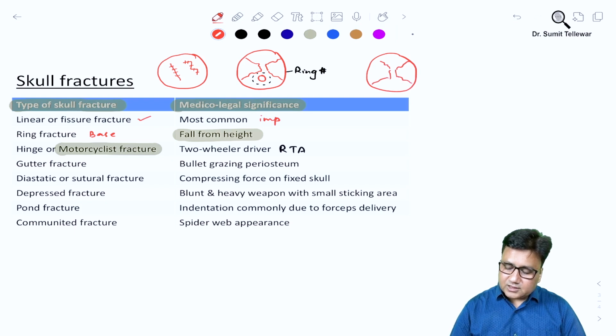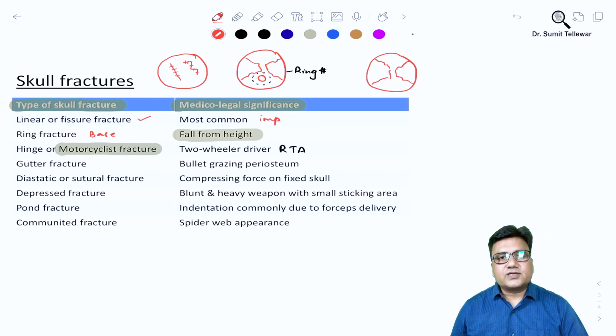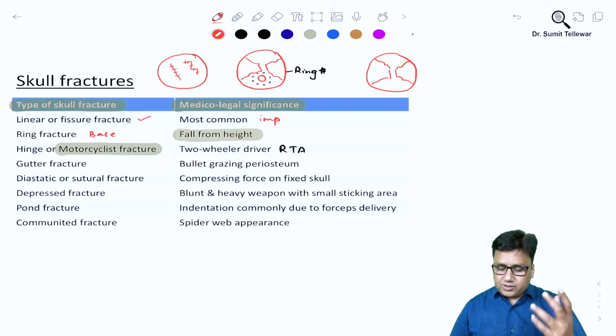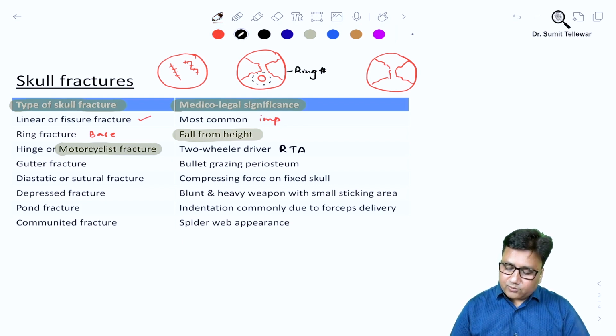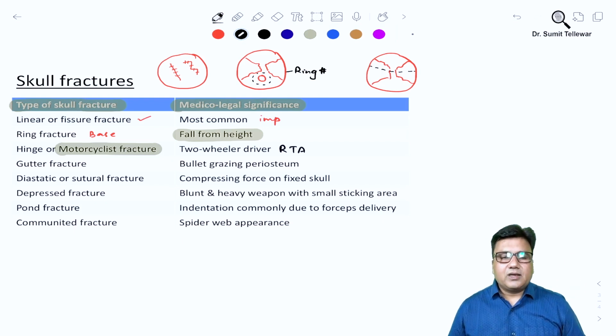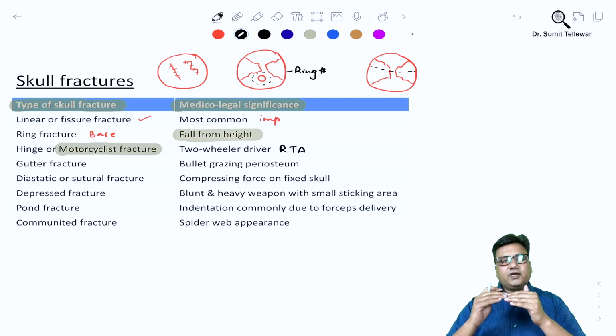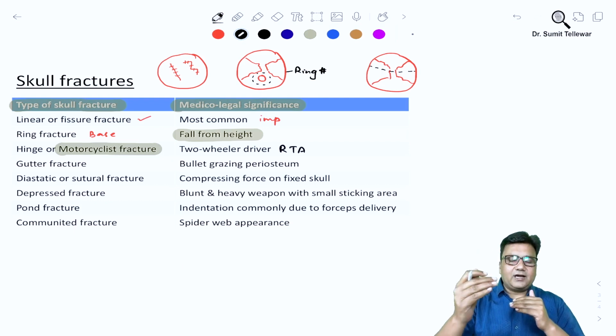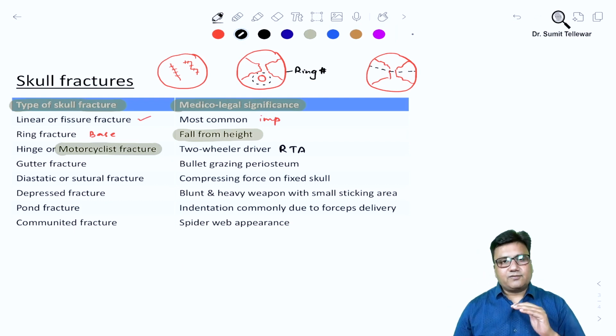So if this is, let's say, the base of the skull, and you see a crack line going from one middle cranial fossa through the body of sphenoid and ending in the other side of the middle cranial fossa, thus dividing the base of the skull into two halves, an anterior half and the posterior half, right?